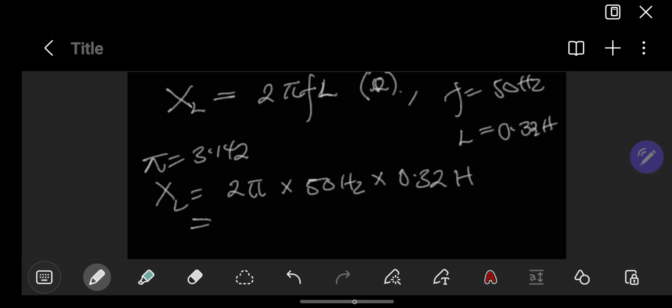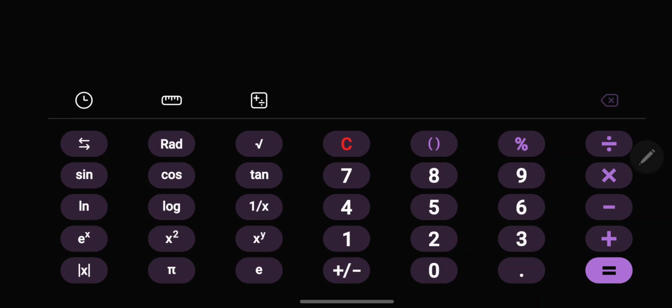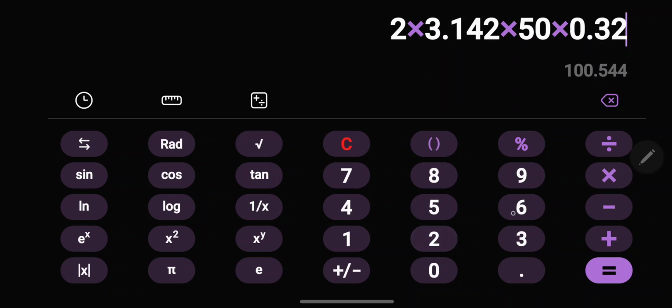Okay, so if we do that and we use our calculator, sorry about that. So that will be 2 multiplied by 3.142 multiplied by 50 multiplied by 0.32.